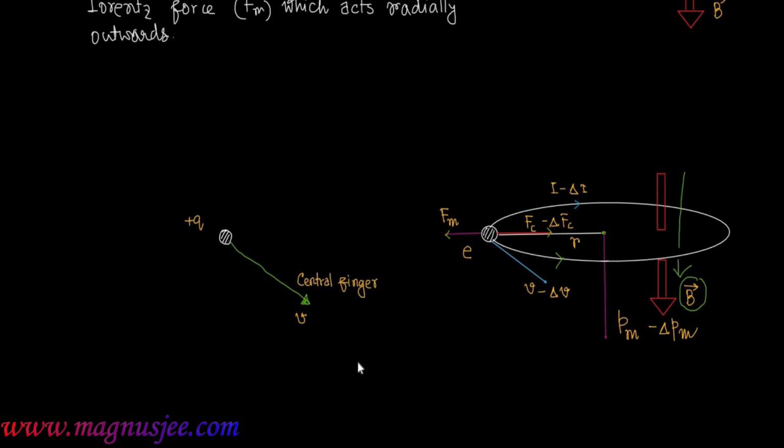And according to Fleming's left-hand rule, the central finger gives the direction of the velocity of the positively charged particle, the forefinger indicates the direction of magnetic field vector B in the vertically downward direction, and the thumb indicates the direction of magnetic Lorentz force Fm.